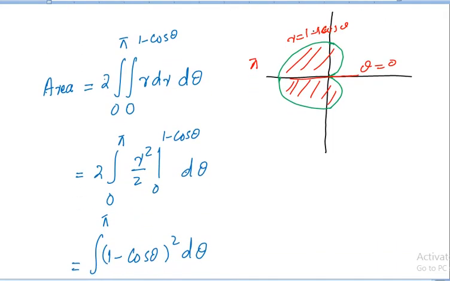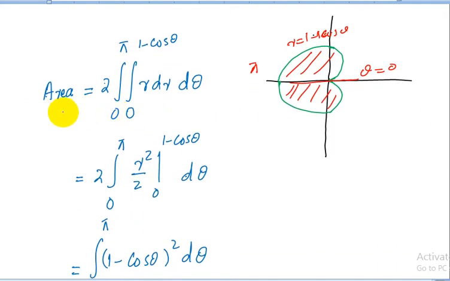So by using double integration, area can be found. Here area is equal to 2 times the integral from 0 to pi, which is the variation of theta, and this region is bounded by two curves. Here we see that r varies from 0 to 1 minus cos of theta, dr d theta.